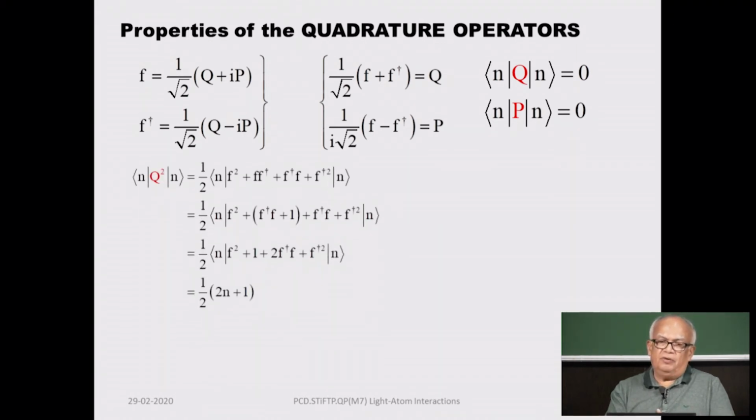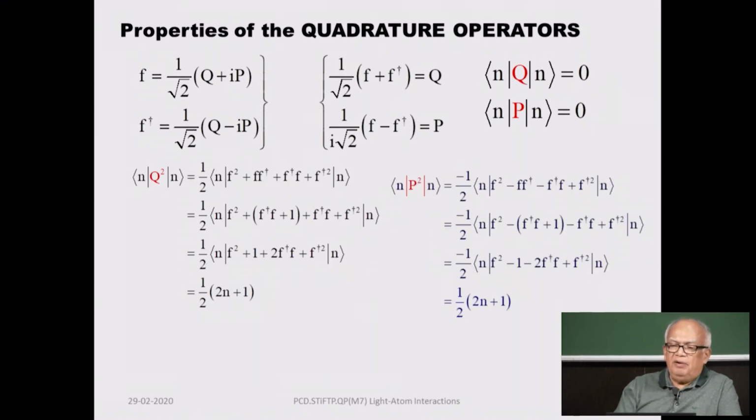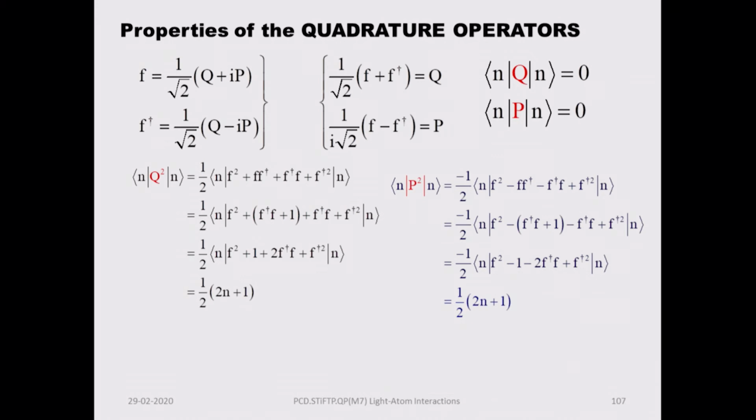But the squares are not 0. Okay? So, the expectation value of the square is half of 2n plus 1, as you can see very easily by working out the expectation value of q square, all right, and that of p square is also exactly the same.